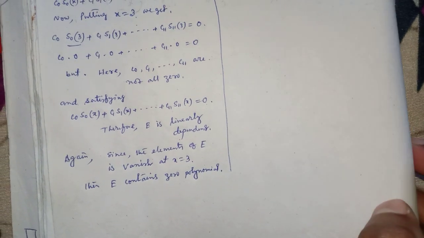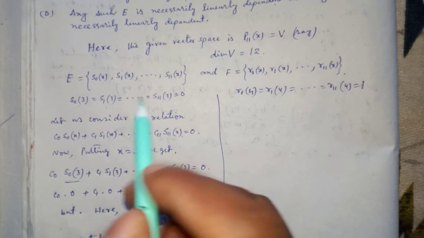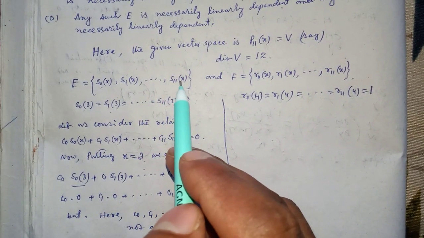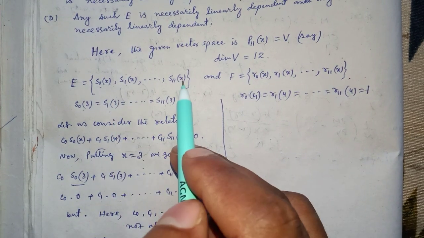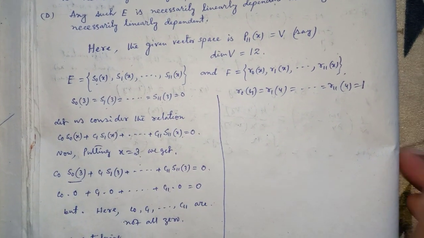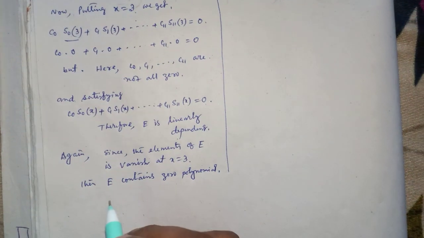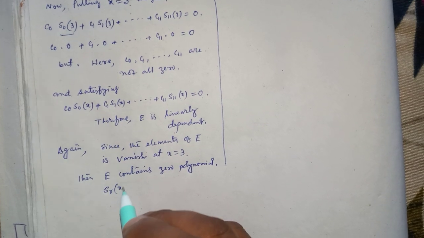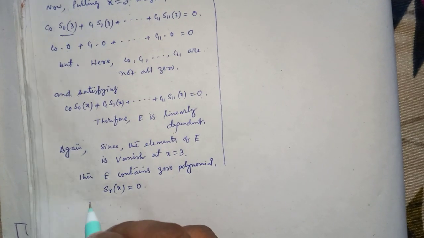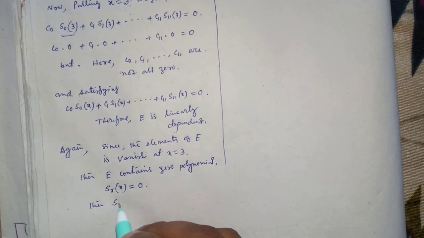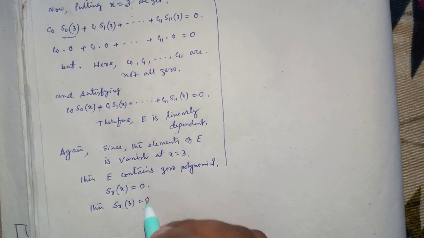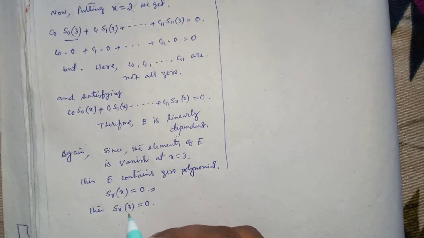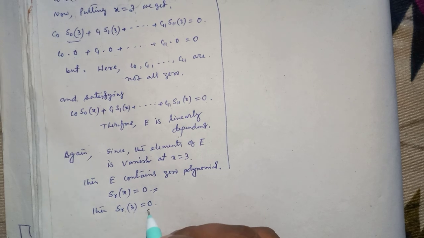Because if any of them, s0, s1, ..., s11, is the zero polynomial, then sr(3) is equal to 0 because it is the zero polynomial.